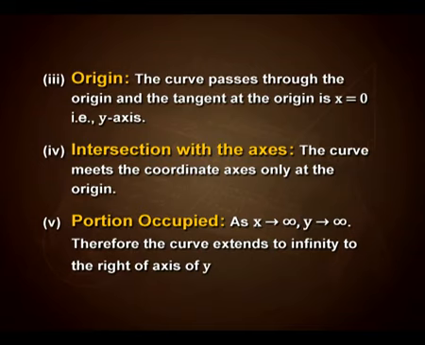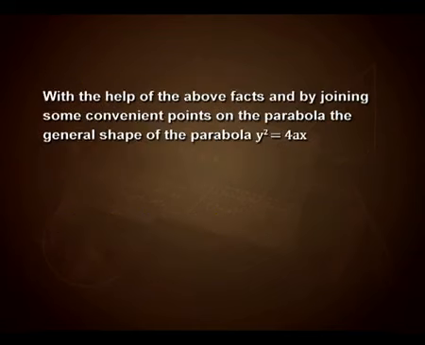Therefore, the curve extends to infinity to the right of axis of y. With the help of the above facts and by joining some convenient points on the parabola, we get the general shape of the parabola y square is equal to 4ax.